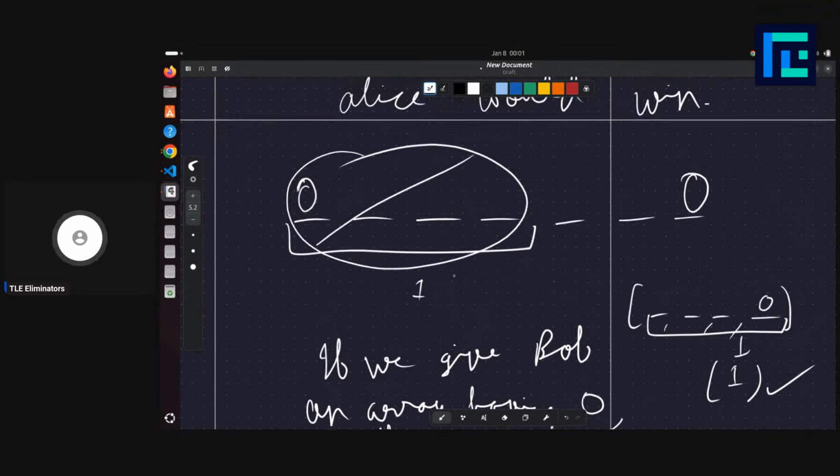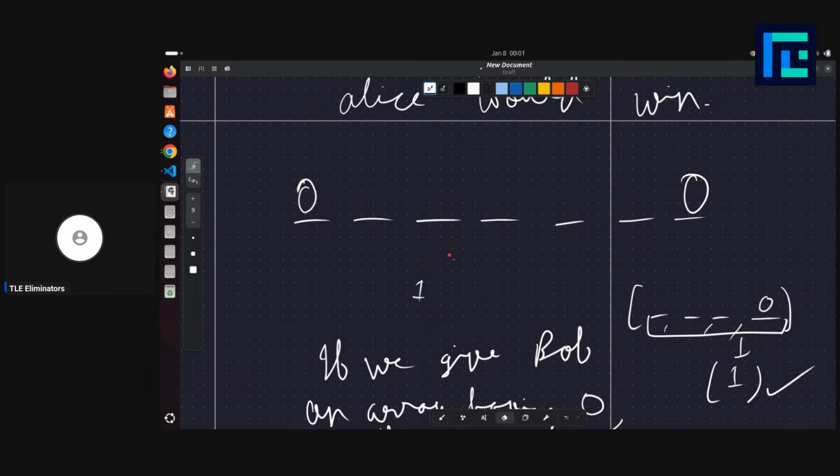But if the initial array has 0 at the beginning and 0 at the end, then there is no way that we don't give him a 0. Whatever we do, we will definitely give him a 0, because either this one would be left out or this one would be left out of the operation, or we do the entire thing, and in that case also we lose, right? So in all of these cases, Bob will win. So if it starts with a 0 and ends with a 0, then Bob wins.